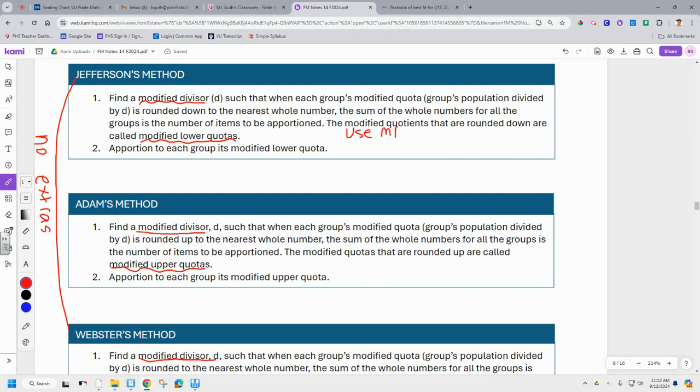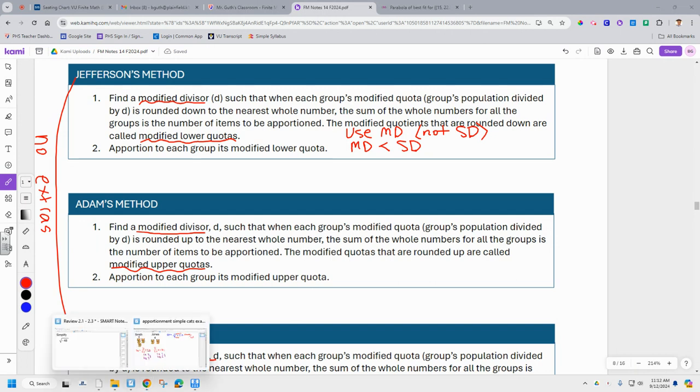Use a modified divisor, not the standard divisor. That's a big deal. Your modified divisor is going to be something that's less than the standard divisor. So let's go back to the cats for a second.